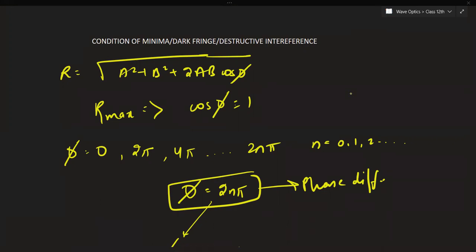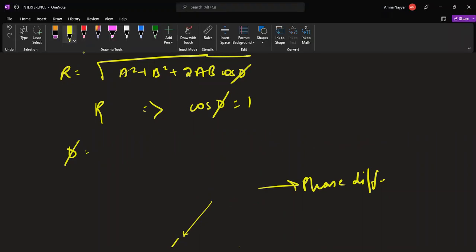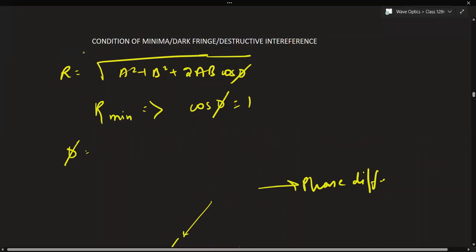Class, if it's the condition for minima, that is the dark fringes, then everything that is present will be minimum. Like here, the R will be minimum. Because of that, these values will change, and so the values of the phase difference. Now for minimum amplitude, you will get cos as -1.